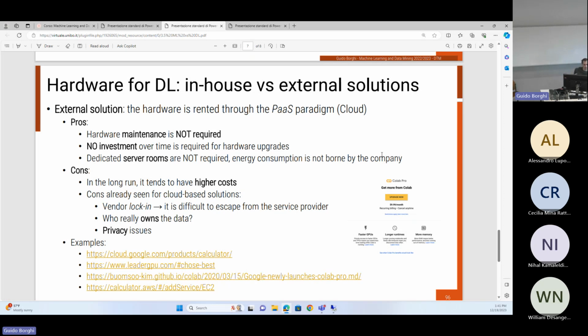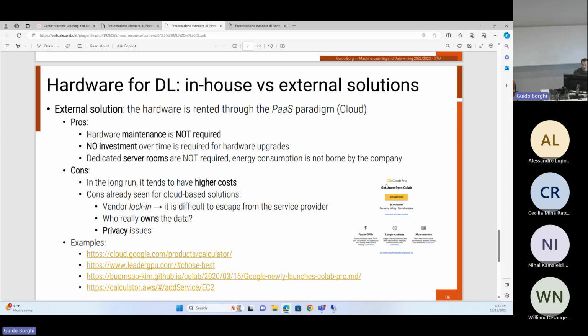So there is a sort of vendor lock-in. And also we can have problems with the privacy of data, since we don't know where our data are, since usually we have to upload our data to our cloud provider. So we don't know who really owns the data, and so we have privacy issues.